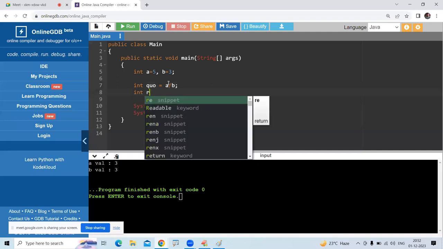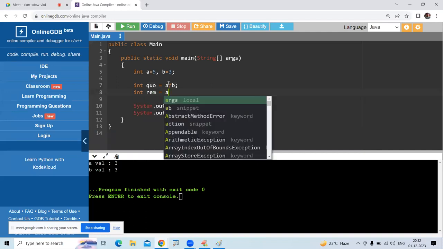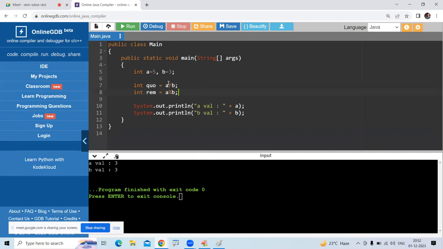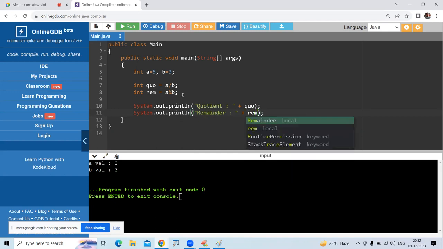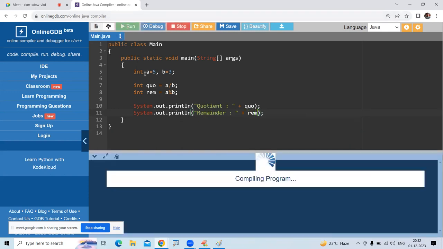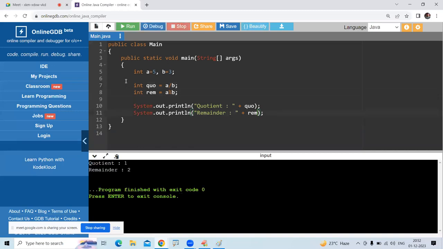So please write fully, you can write remainder a mod b. That's all. So you can say that a value and b value. Fully I'm writing quotient here as QUO. Remainder here just REM. Variable names your wish. 5 by 3, quotient is 1 and 5 mod 3, remainder is 2. That's it.